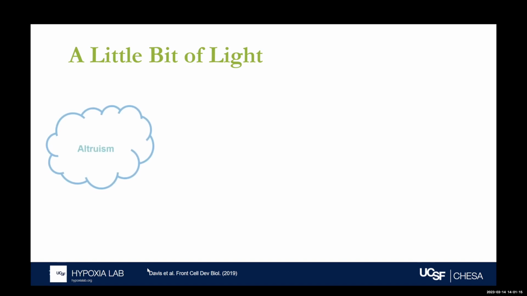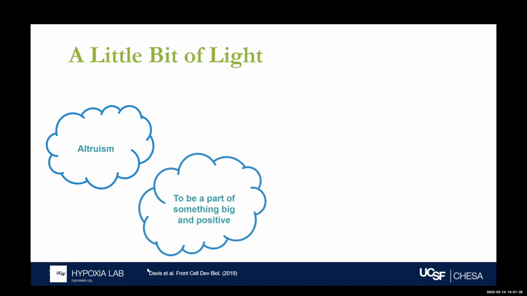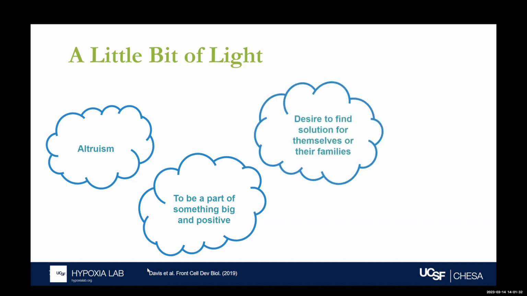The first one was pure altruism, which is great. They wanted no personal gain from the study and just wanted to do some good, which is probably rare, but is great. Next is a personal desire to be part of something big and positive. Can't fault anyone for that. And a desire to find solutions for themselves or for their families for illnesses.